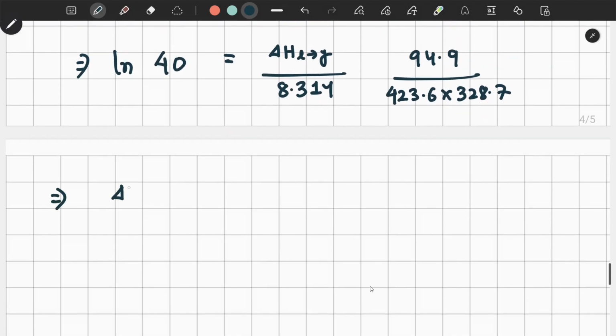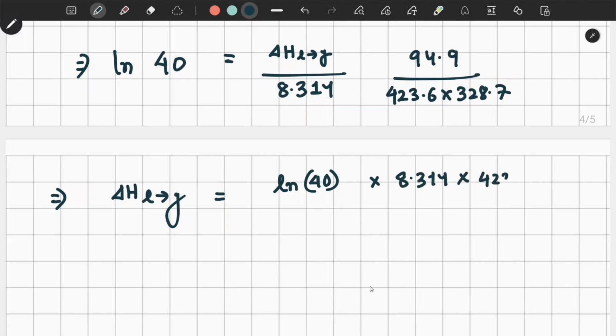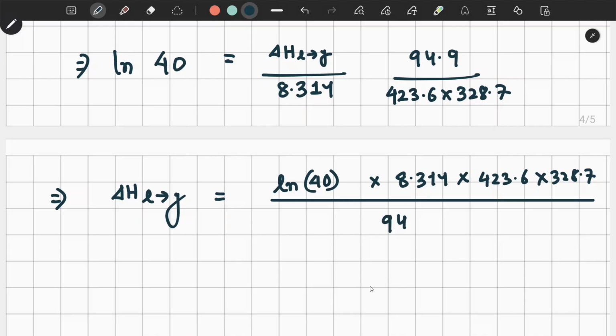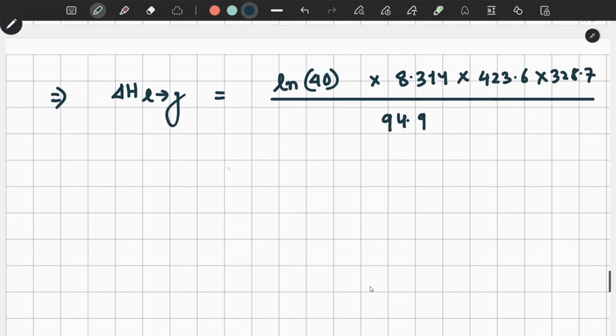So now calculate it. What is the answer? Let me calculate as well.